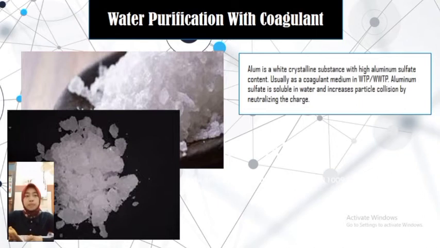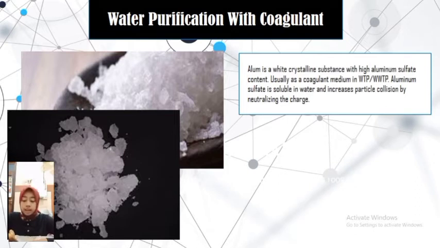Okay. Usually, we take a sample of water, then put it in 2 or 3 containers. Maybe we can use 4 containers, and then put the alum in one of the containers. Then stir and observe the changes that occur.